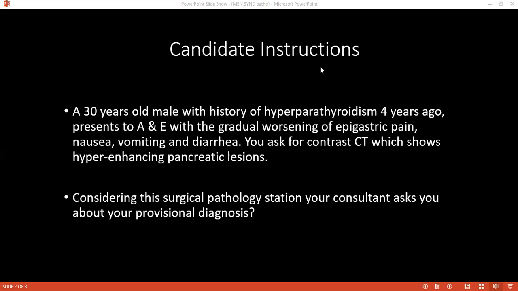Can you tell the clinical features which a patient with MEN2 syndrome can be associated with? For MEN2, if the patient has medullary thyroid cancer, he or she might come with an anterior neck mass, thyroid mass. And if the patient has pheochromocytoma, then the clinical features will be abdominal pain, hypertension.